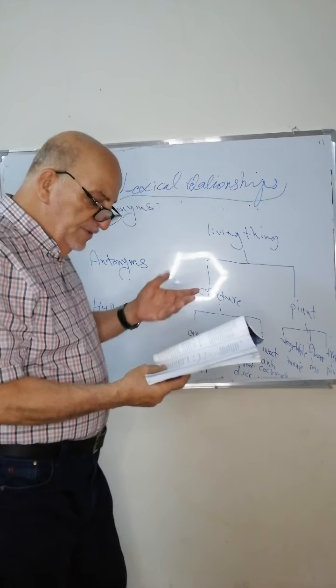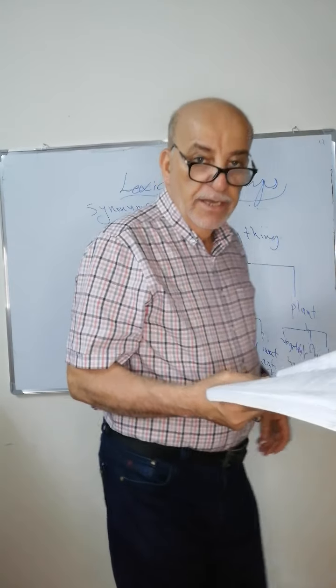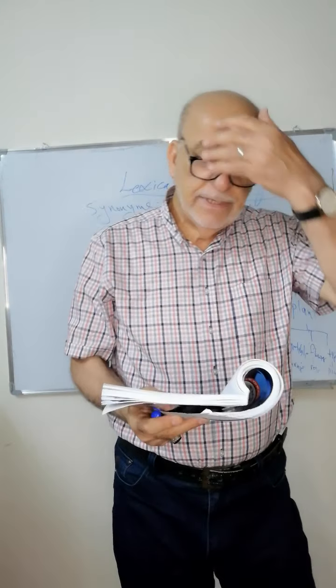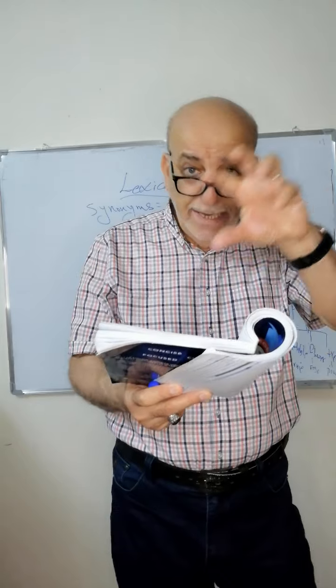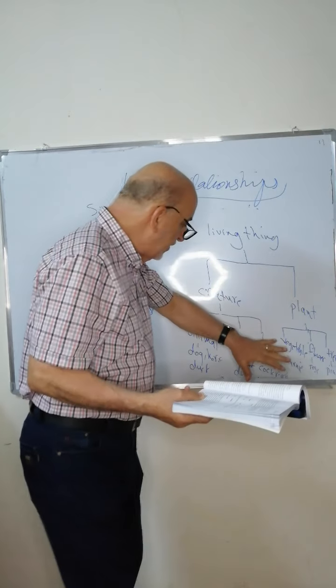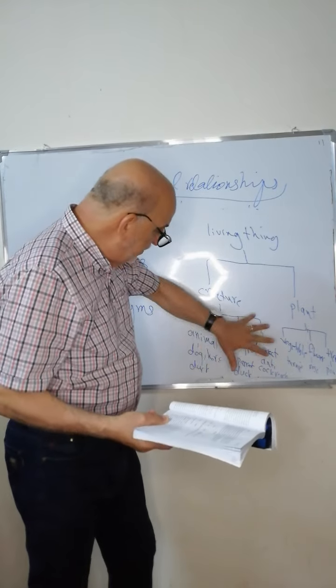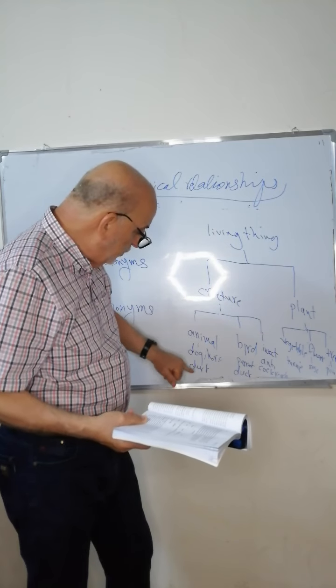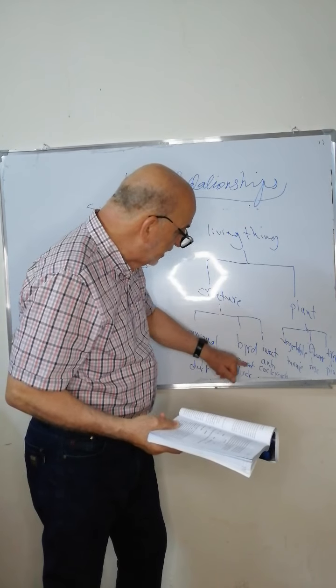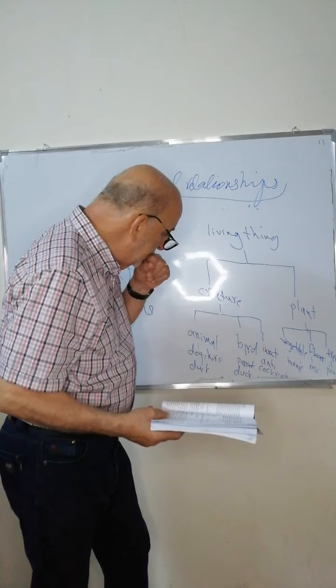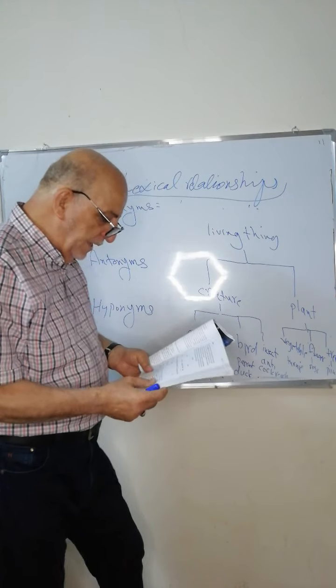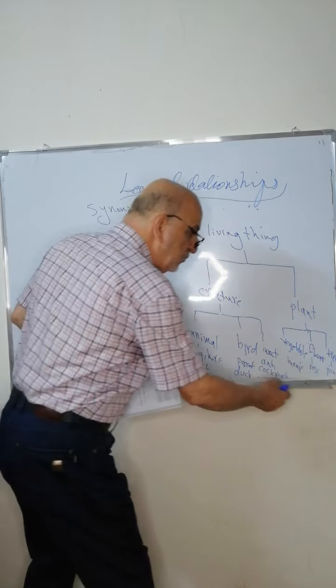Right. So now here, he's going to explain to us the relationship between words: animal, dog, horse, duck, bird, parrot. Sorry, I moved this.